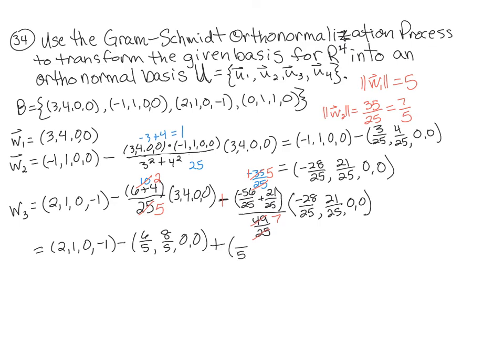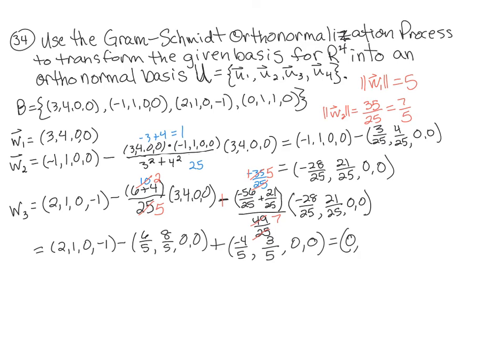I get 5 on the bottom, and 7 goes into 28 negative 4 times. 5 cancels with a 25. 7 goes into 21 3 times. 0, 0. So when I subtract, I have 10/5 minus 6/5 is 4/5. Minus 4/5 gives me a beautiful 0.